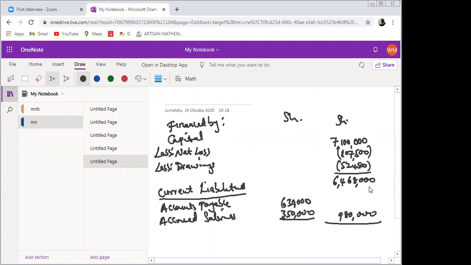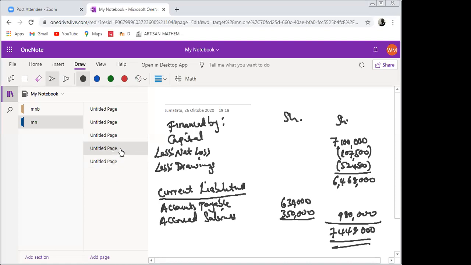If you add to the net capital, what do you get? 7,448,000. Yes.